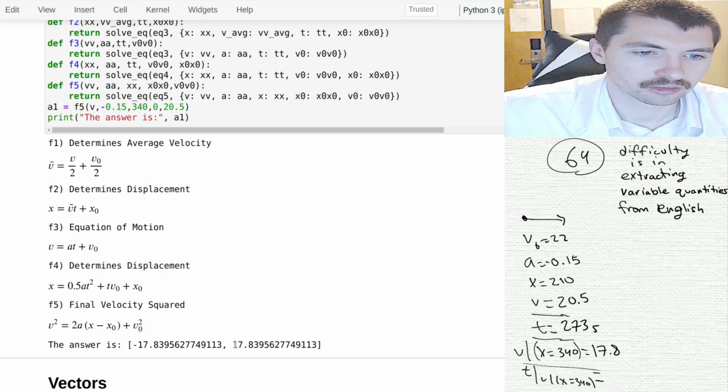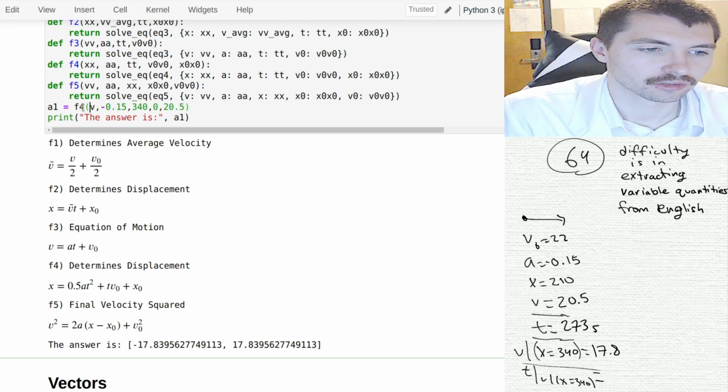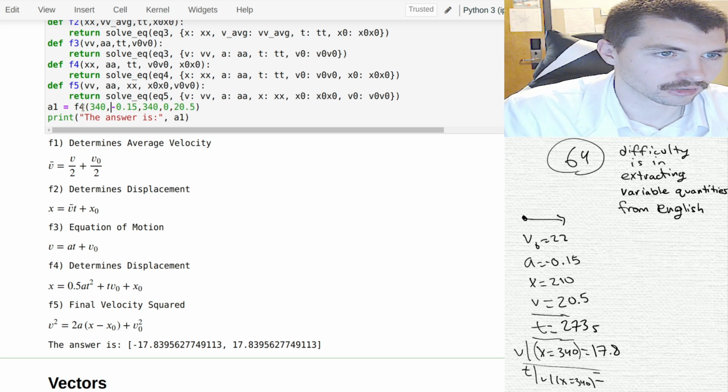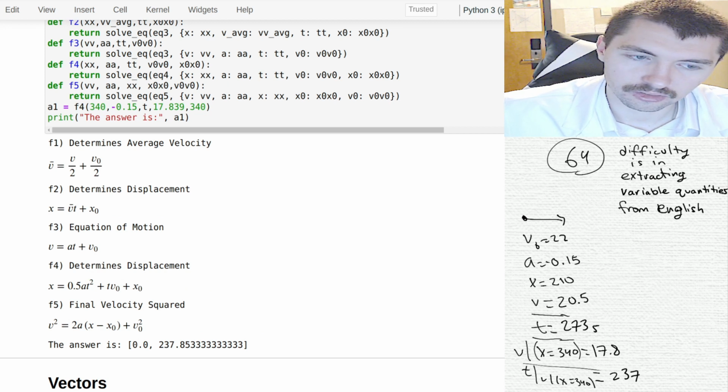Then take this. Now we know V, so do 340. Solving for T. V naught is now going to be that number. X naught is 340. So 237.